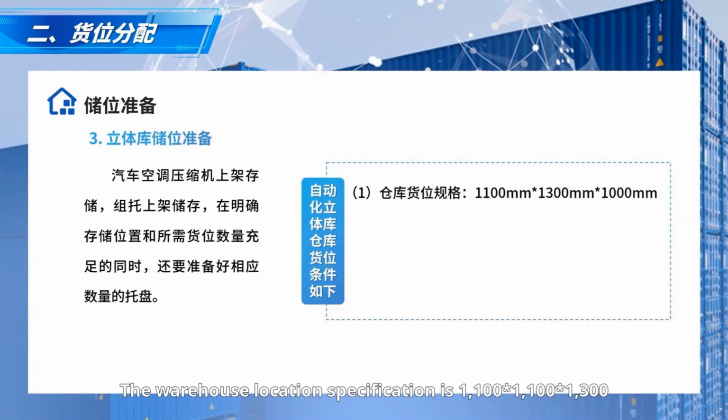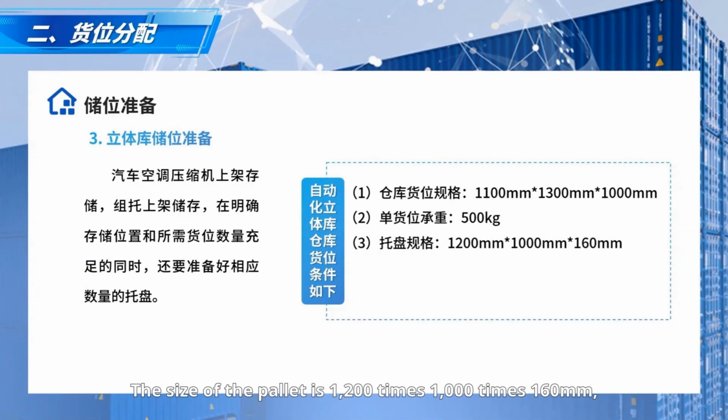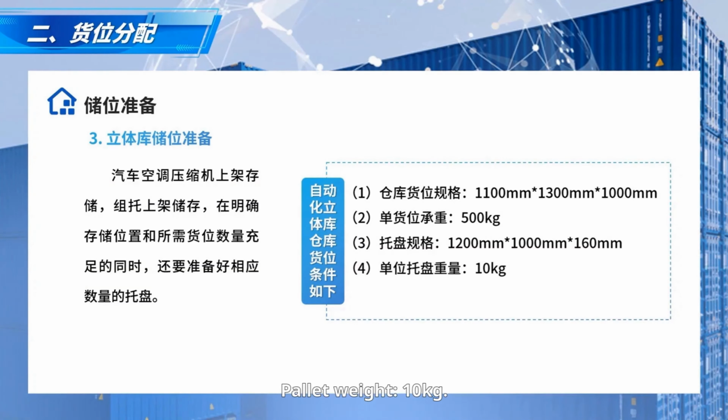The warehouse location specification is 1,100 x 1,100 x 1,300. The single cargo location load is less than or equal to 500 kilograms. The size of the pallet is 1,200 x 1,000 x 160 millimeters. Pallet weight, 10 kilograms. Working clearance is greater than or equal to 150 millimeters.